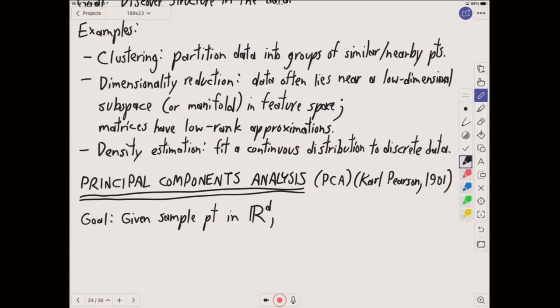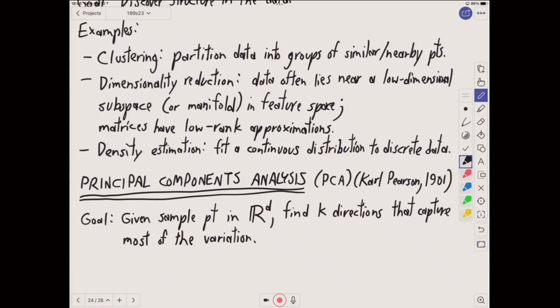And what we're going to try, we don't necessarily want to have d dimensions. Maybe d is too many. Maybe we just want to try to get by with k dimensions. So let's find the k directions in our d-dimensional space that carry most of the information. Or a little more precisely, that capture most of the variance, or I'll call it the variation between the different points. And again, PCA is an example of dimensionality reduction.